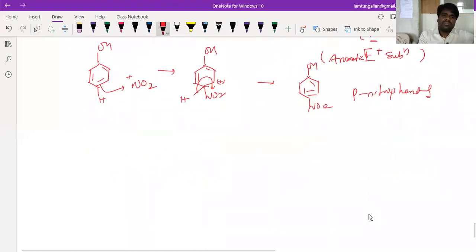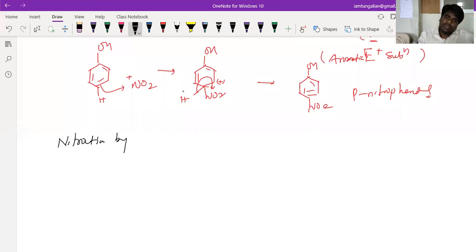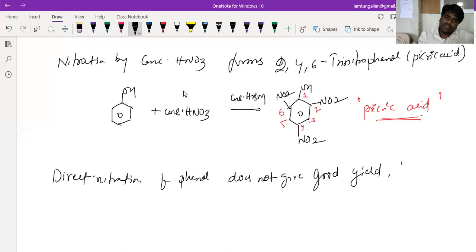Now, the important note is that nitration by concentrated HNO3 forms 2,4,6-trinitrophenol, which you call picric acid.